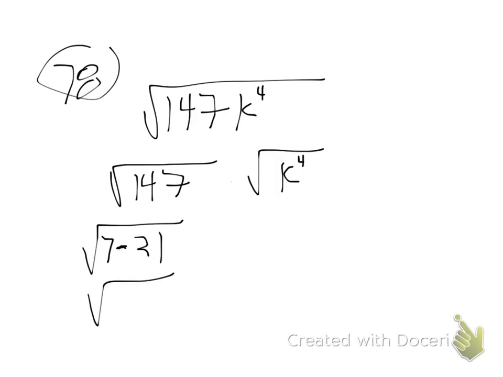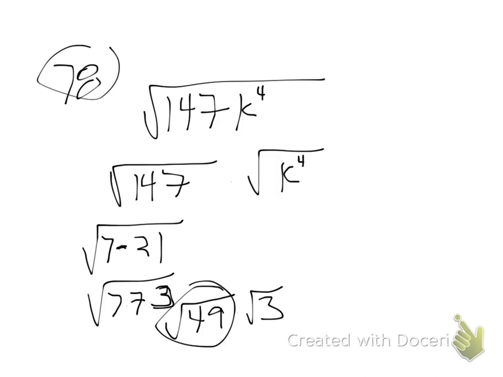Then I go, oh, that's 7 times 3, which is also the square root of 49 times the square root of 3. The square root of 49 is 7, and the square root of 3 we can't do anything more with. So this is going to be 7 times the square root of 3.